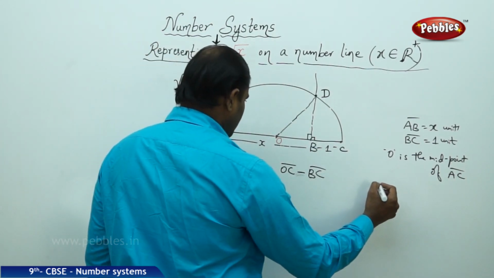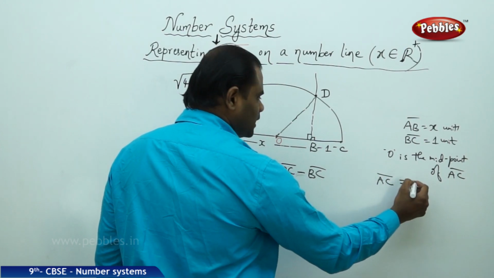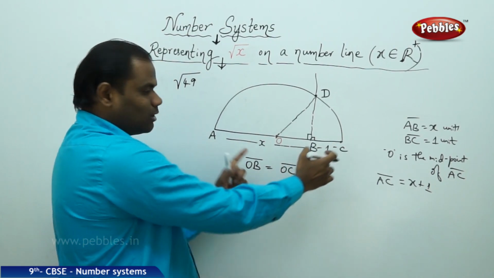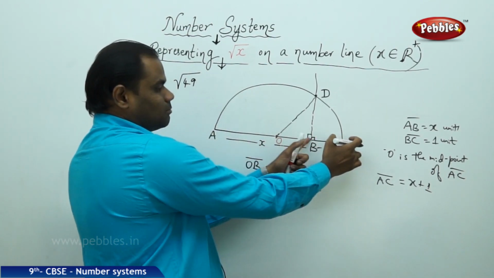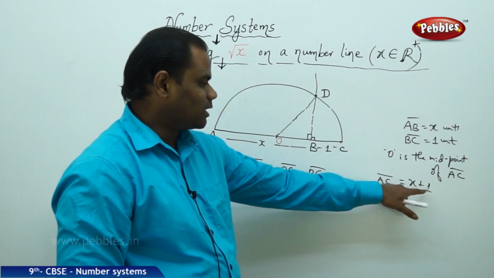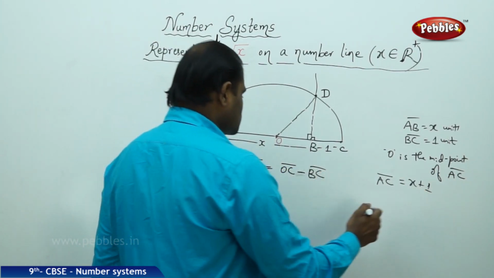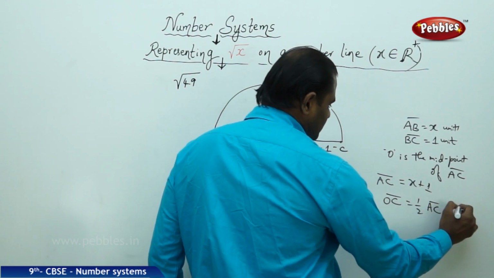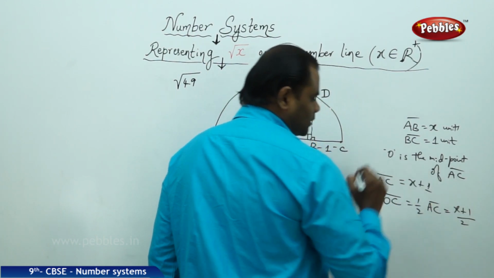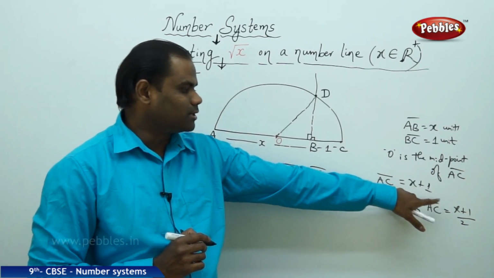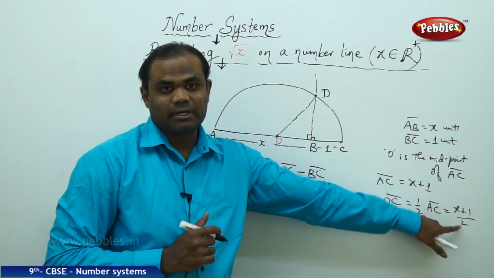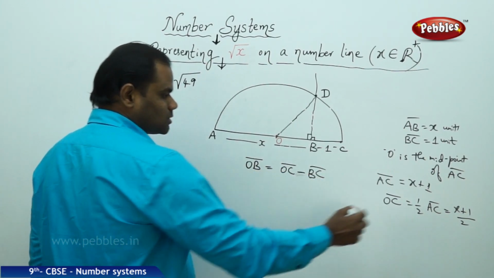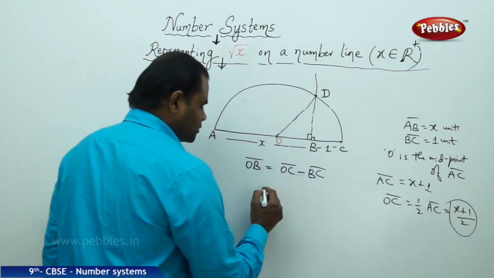Because my diameter AC accounts for x and 1 unit, my whole distance AC is x plus 1. So with x plus 1 being the diameter, the radius OC is exactly half of AC, and therefore OC is (x plus 1) by 2.